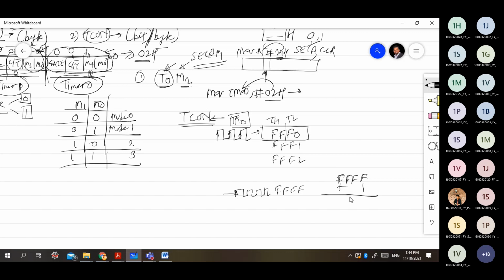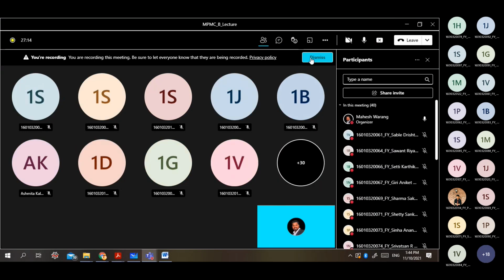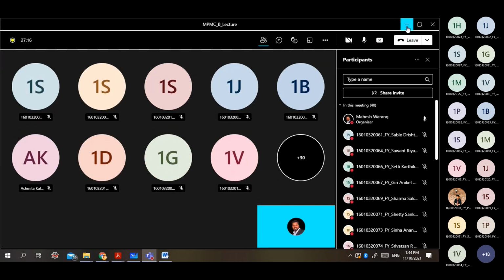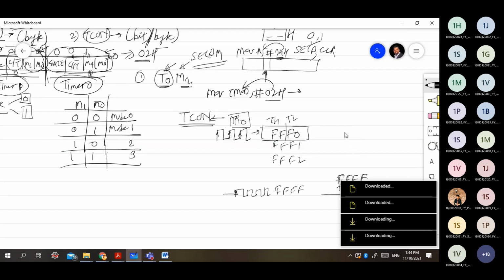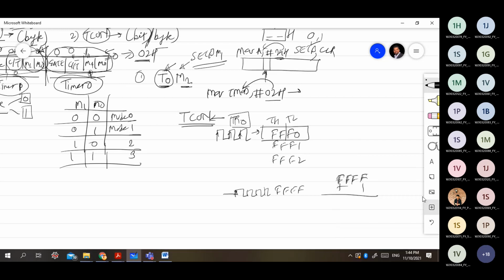Then what will happen? Just do the addition now. FFFF plus 1, what will be the number in hexa? What will be the count?